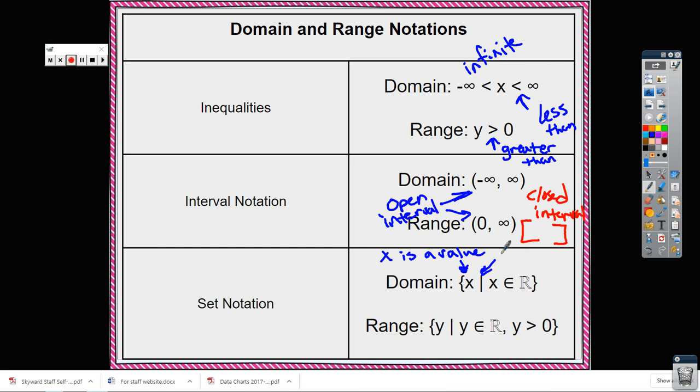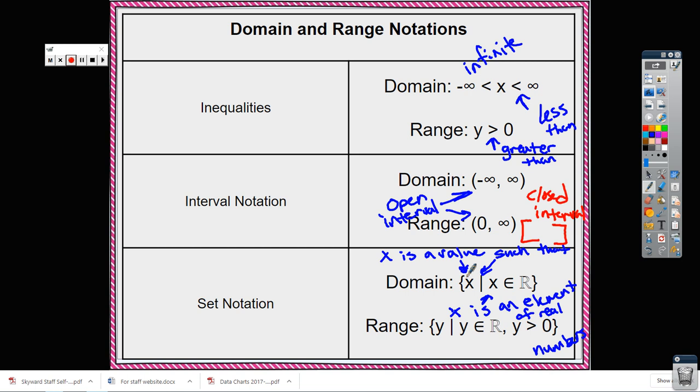And this part means such that x is an element of real numbers. Oops. Let me see if I can write this somewhere else. I'm going to write down here.